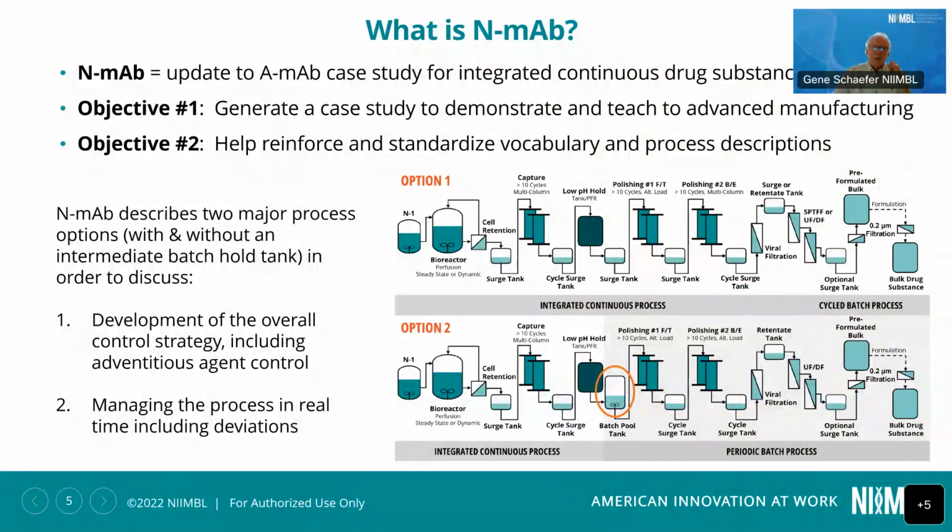As part of this, we described two major process options, with or without an intermediate batch hold tank, so that we could discuss how you develop the overall control strategy, including adventitious agent control, and elements of managing that process in real time, including deviations.